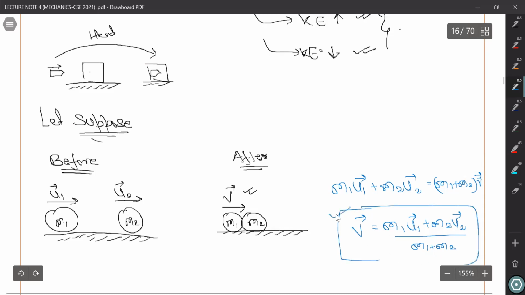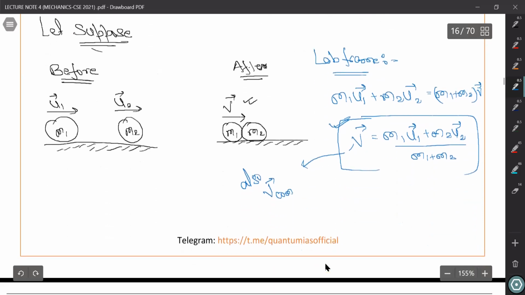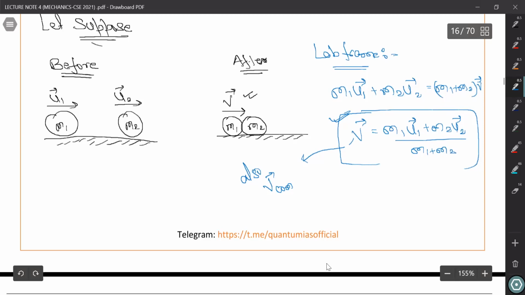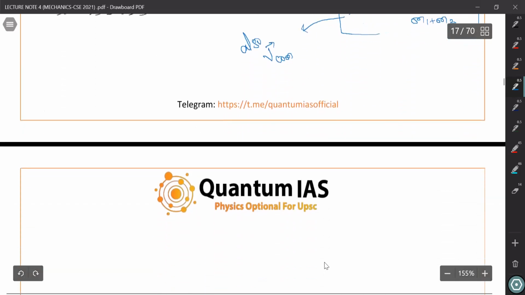So this will be the final velocity when we are treating it from lab frame. We are seeing this from lab frame, right? If you know from the lab frame, you can also say that this is also the velocity of center of mass. You can see this. Okay.